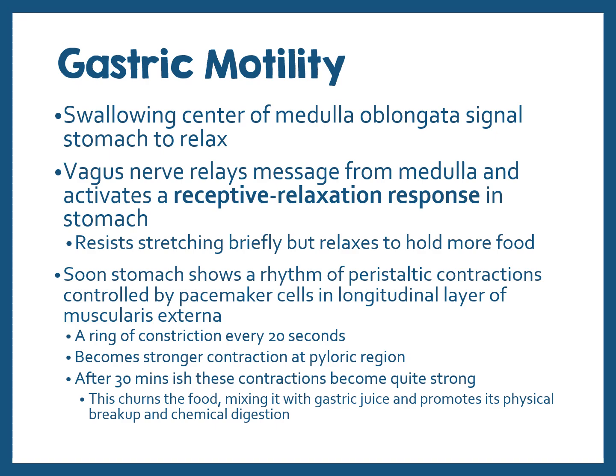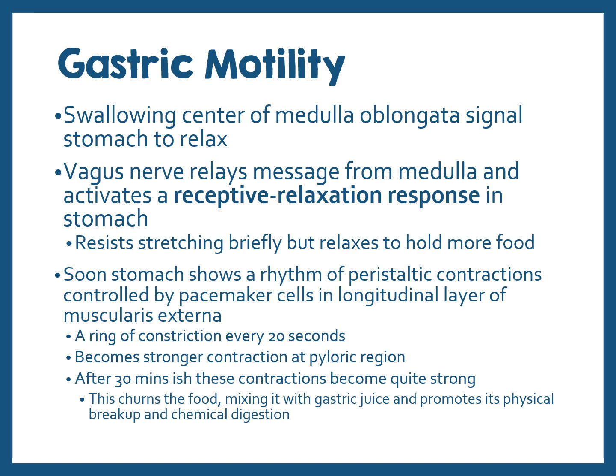The movement of the stomach, or gastric motility, is going to actually begin with swallowing. When a bolus is swallowed, the swallowing center in the medulla oblongata is going to send a signal to your stomach to start to relax. That way, when you swallow that bolus of food, it will travel down the esophagus and arrive at the lower esophagus, and the lower esophageal sphincter will open because the stomach has now relaxed.